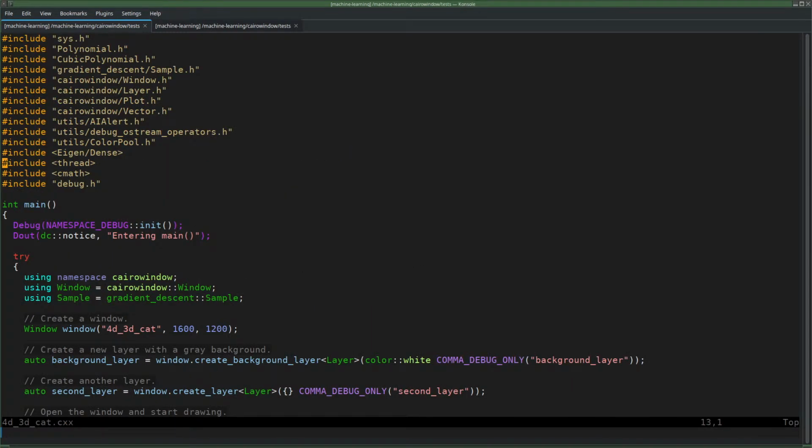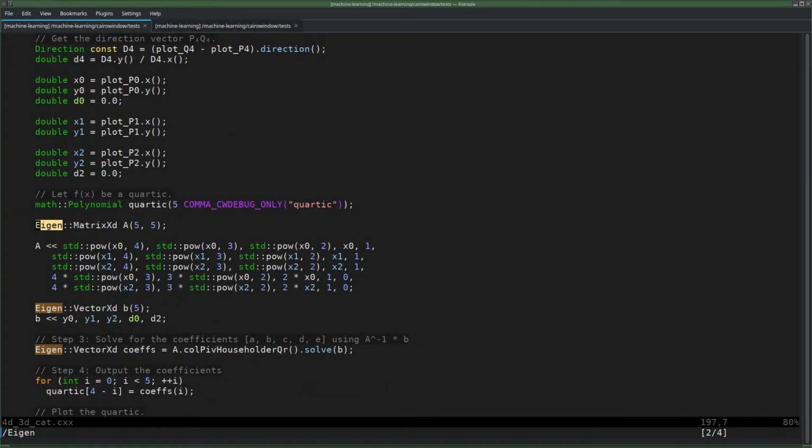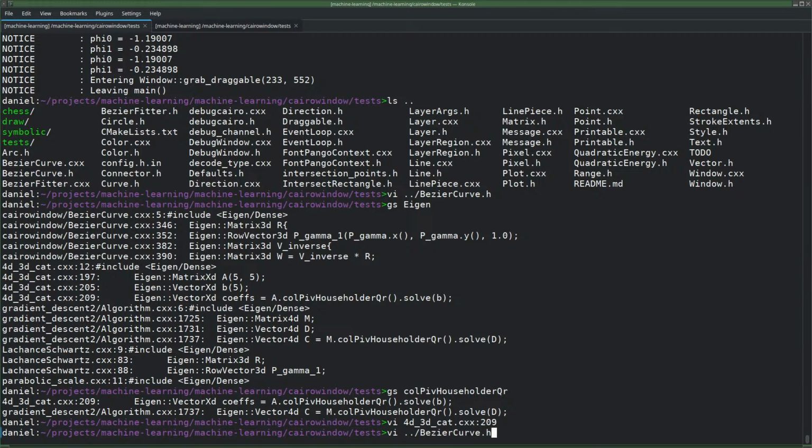Oh, so already use eigen. Oh, I do. 5 times 5 matrix. Oh, but never mind. Wrong file. I meant this one.